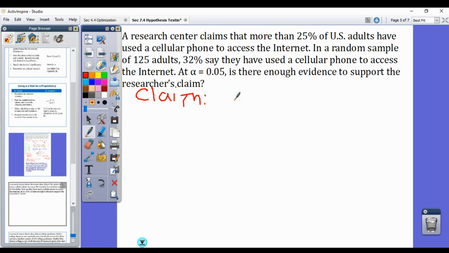So our claim is that more than 25%, okay? So this is going to give me a p-value of greater than 0.25. So the complement to that is going to be P is less than or equal to 0.25.